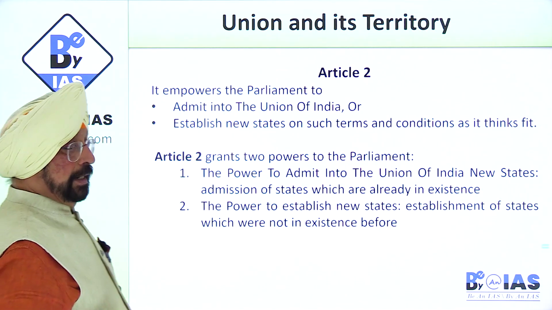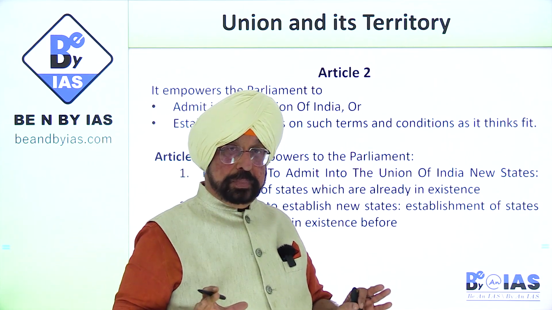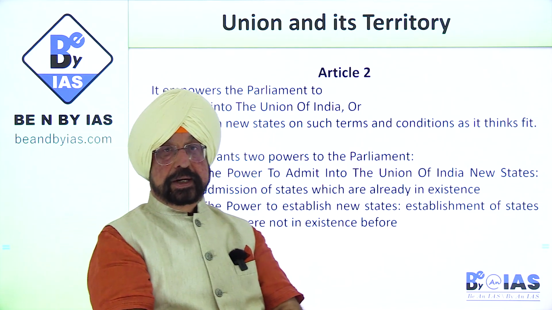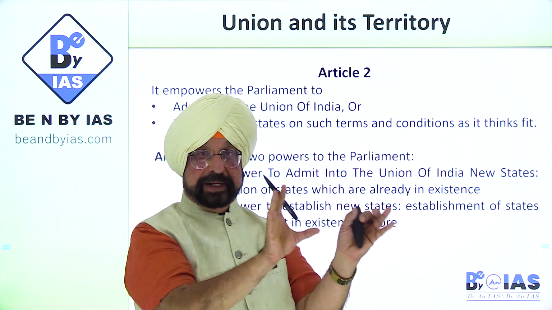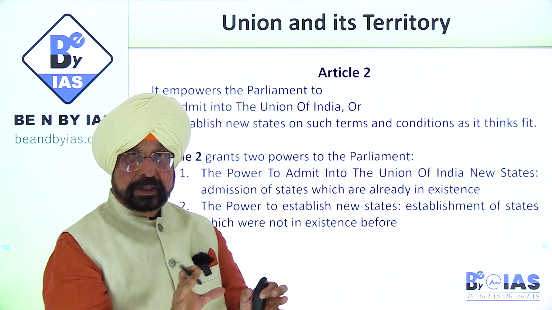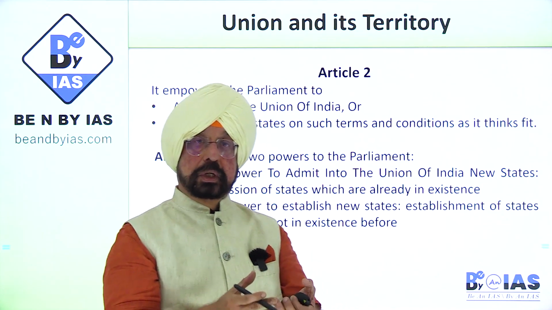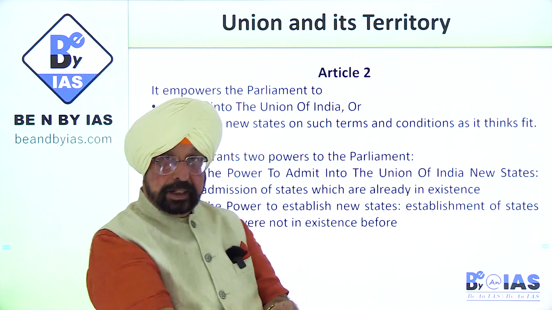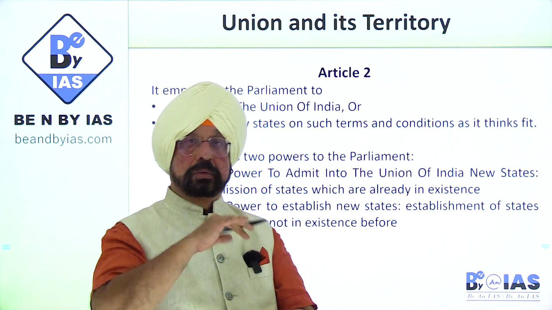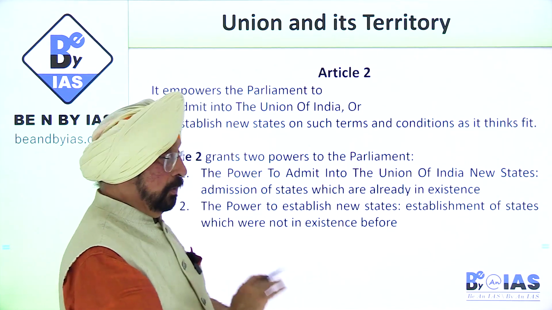Now we come to Article 2. Article 1 deals primarily with the overall territory of the country, its units, its structure, whether it is a union or a federation, and how to acquire and get those new territories into their own territory. They form part of their own.